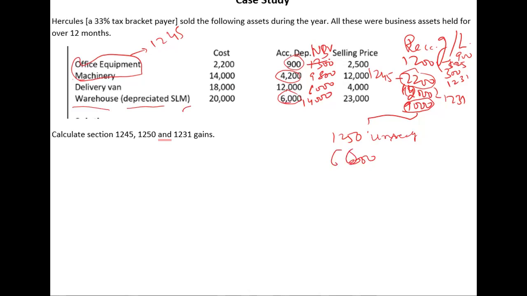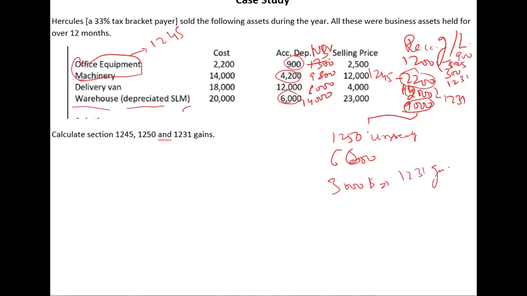So only we have unrecaptured gain of 6,000, which will be calculated at 25%, and we have the remaining $3,000 as 1231 gain.